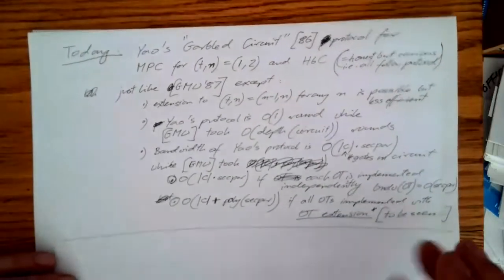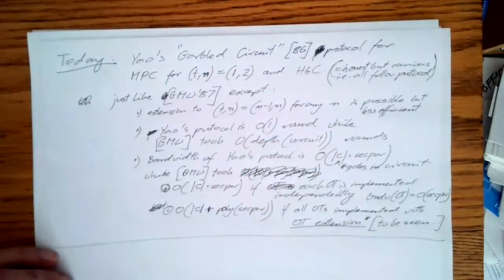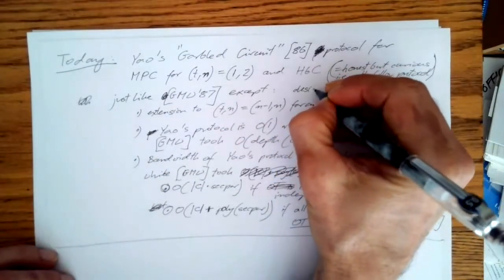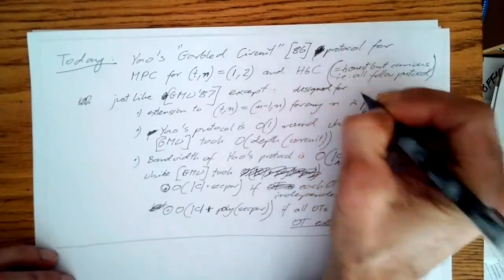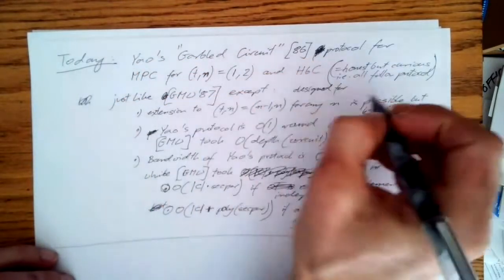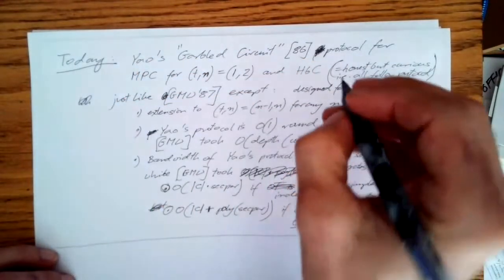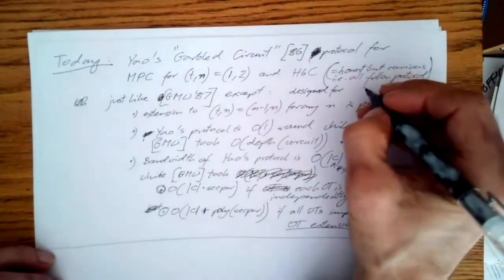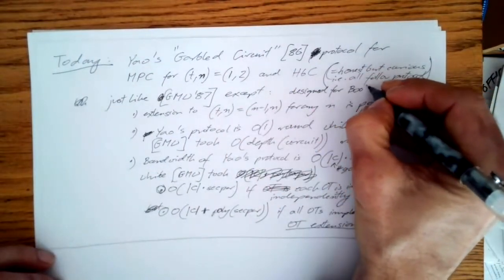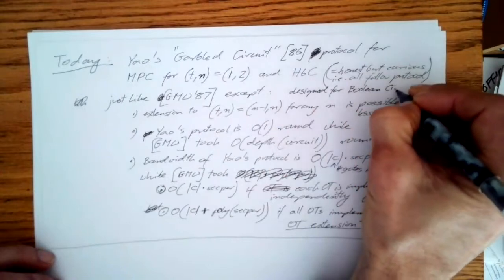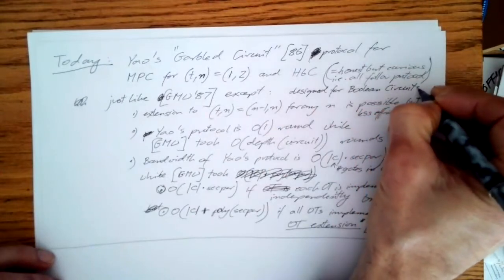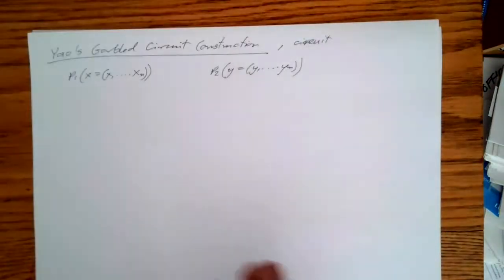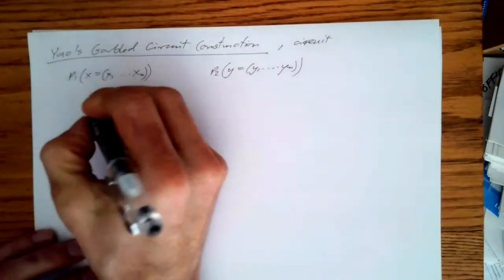And just like GMW, it's also designed with the same threshold, the same adversarial setting, and also the same representation of the functions that we compute, designed for Boolean circuits, right? So we again represent the functions that we compute as a Boolean circuit.